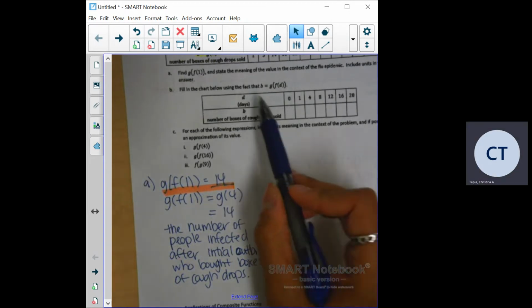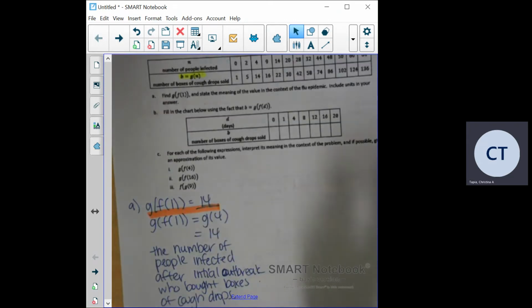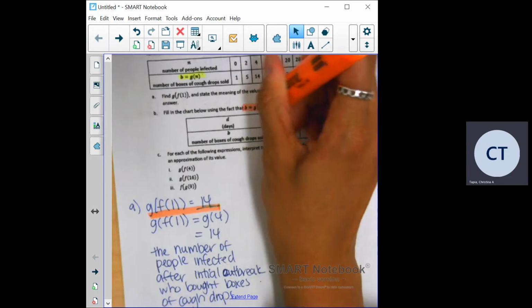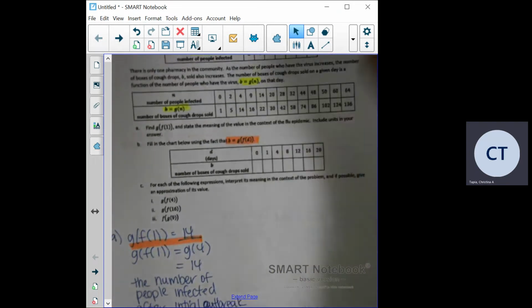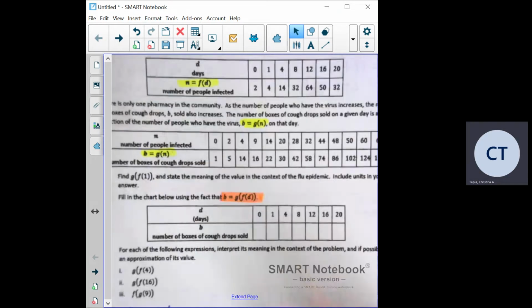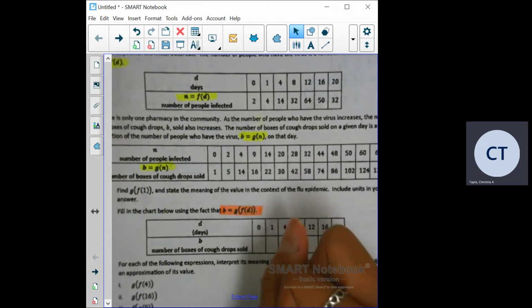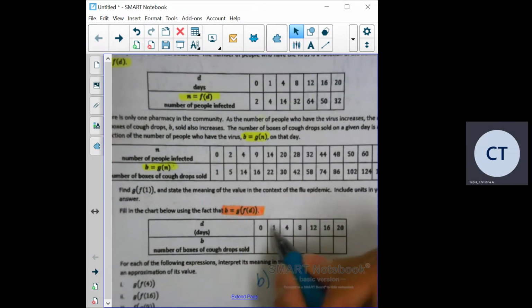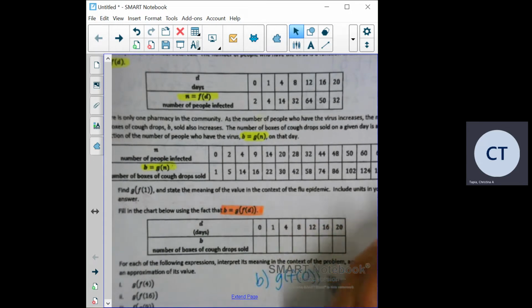For part B, we're now going to fill in the chart. This chart is representative of this function, B equals G of F of D. I want you to try to fill it in. I'll give you a hint, and if you want to write work for this, you definitely can. First, I'm going to find 0. We plug in D is 0, so G of F of 0.